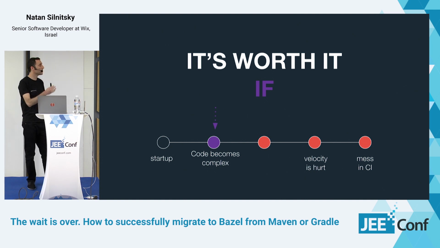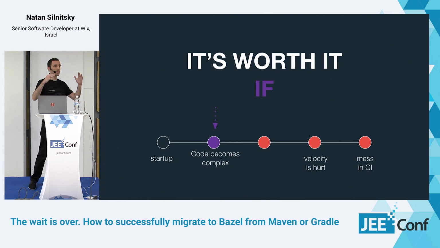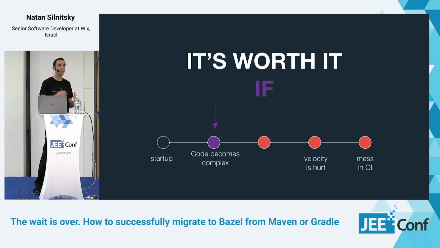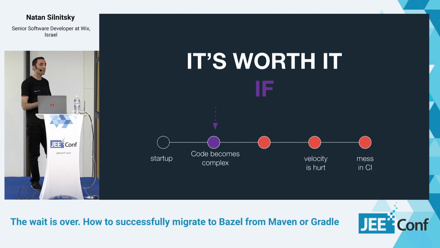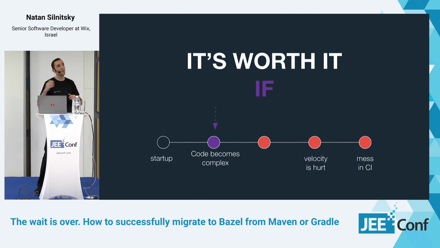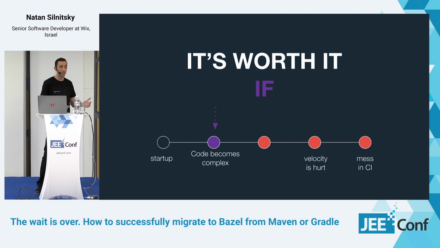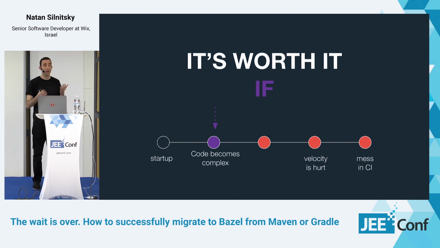But as your code becomes larger and more complex, usually you have more interdependencies. That means you may decide at one point, I'm starting to suffer from slow build times. Well, maybe I won't run these integration tests for every code change. So it's starting to have trade-offs.